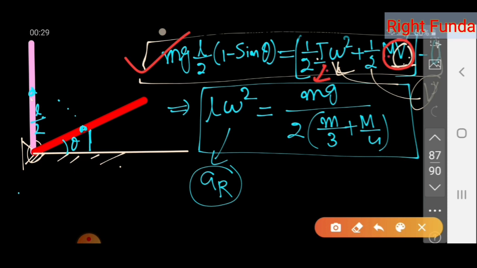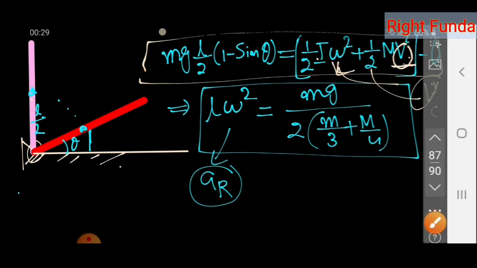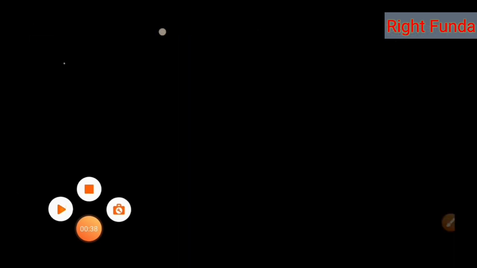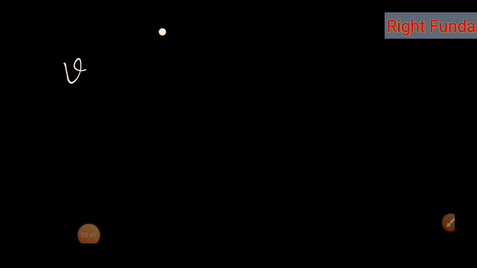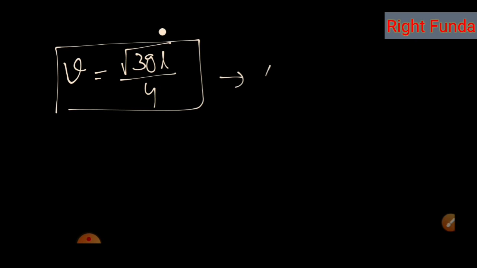Now we know the ratio of M and small m, which we can substitute here, and we also know the relation between omega and capital V, which we will substitute, and put theta equal to 30 degrees. The whole equation reduces to V, and solving we can calculate the velocity of the block at the time of losing contact to be V equal to under root of 3 gL by 4, after you substitute theta equal to 30 degrees as given in the question.